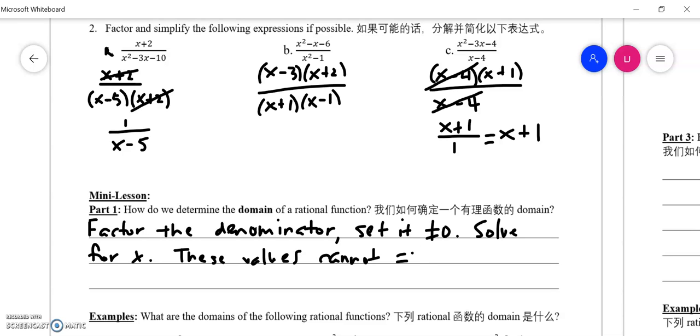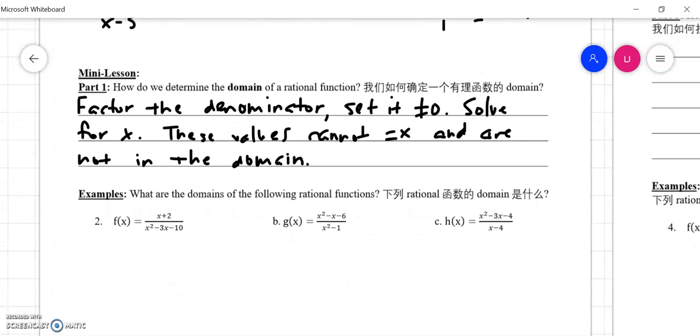These values cannot equal x, and are not in the domain. And all the remaining values are. So let's find the domains of these rational functions.